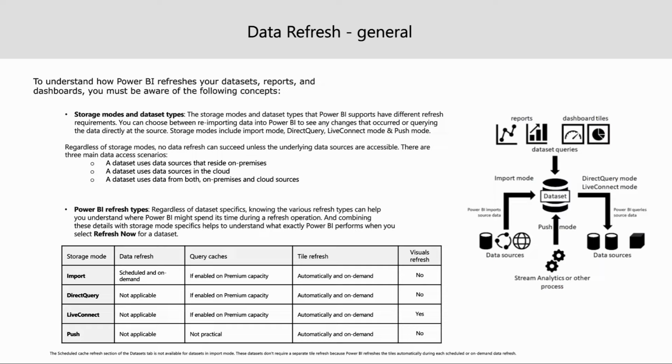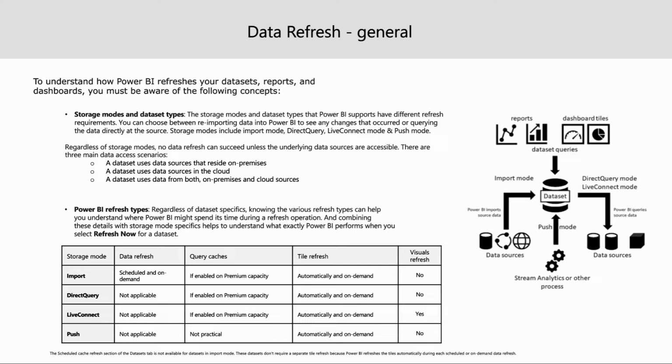So this is always the option to be enabled or disabled, and it's a premium functionality. A tile refresh, which you use in a dashboard, happens automatically when you perform a refresh of the dataset.